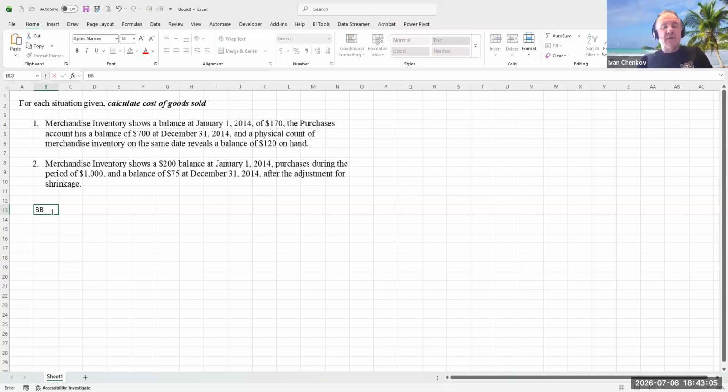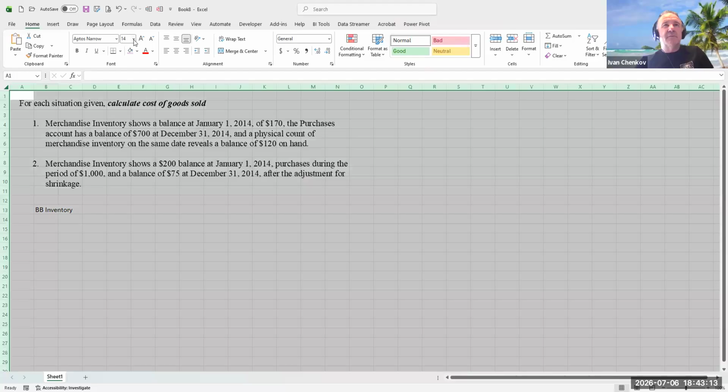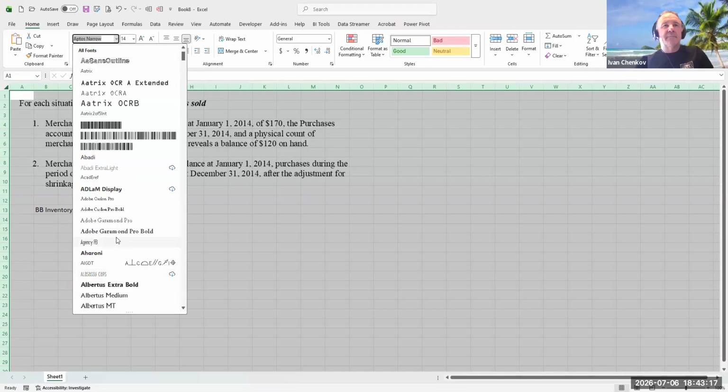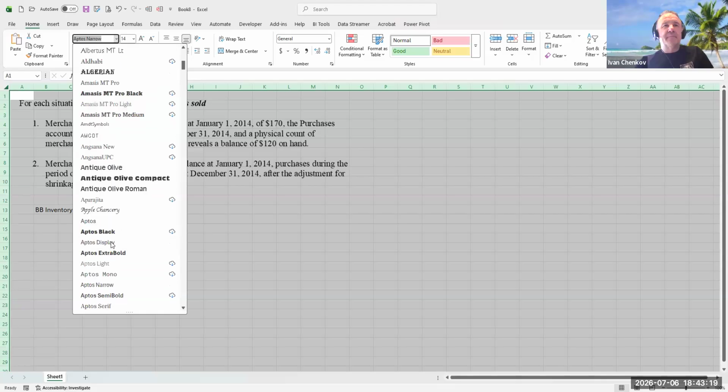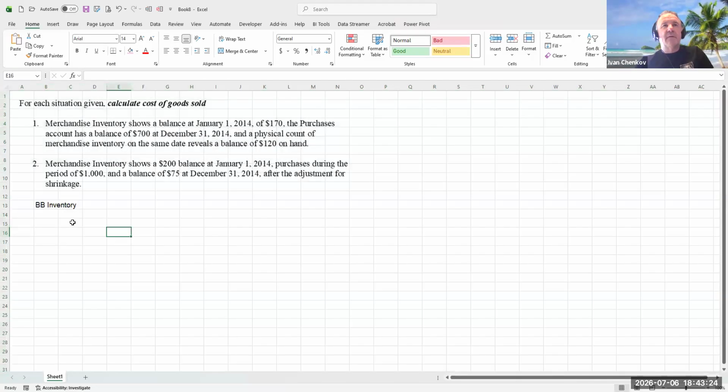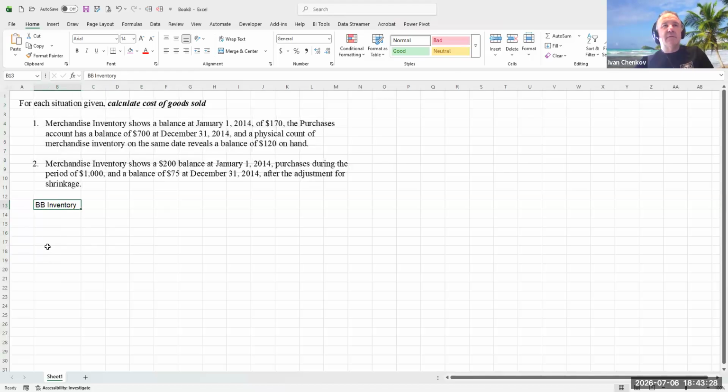We're going to start with the beginning balance of the inventory. Then we're going to add the purchases.